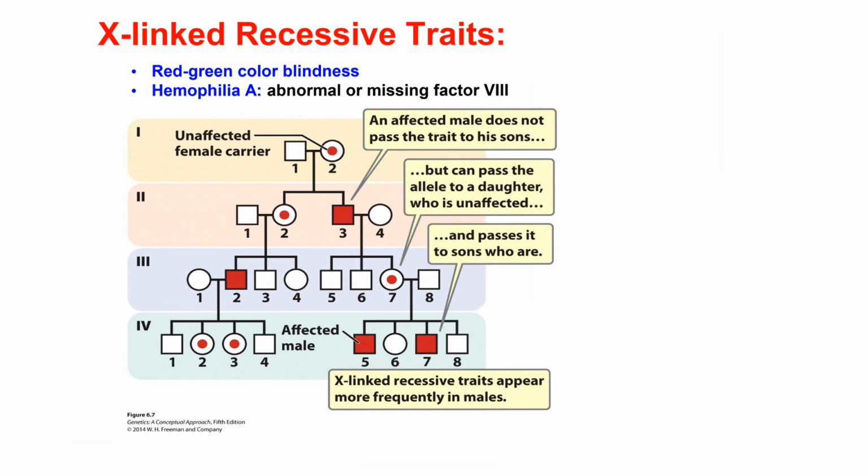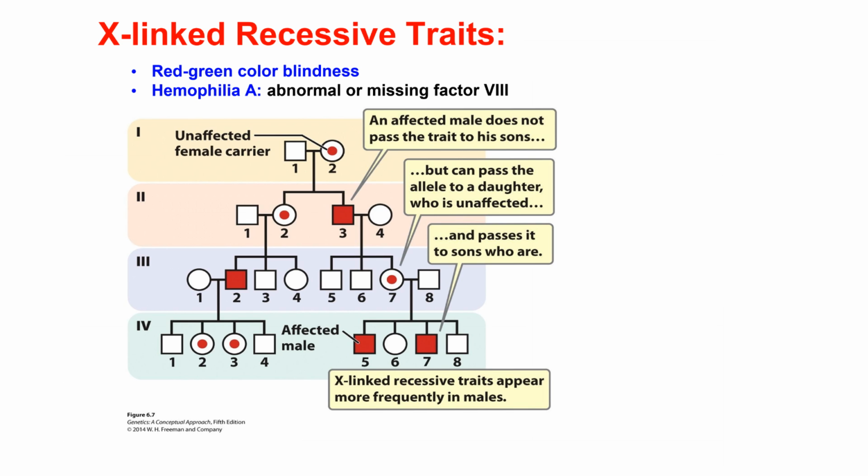X-linked recessive traits such as red-green color blindness or hemophilia A have a distinct pattern of inheritance. They are usually manifested more frequently in males than in females.